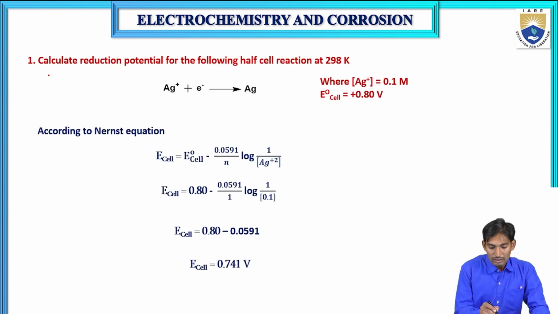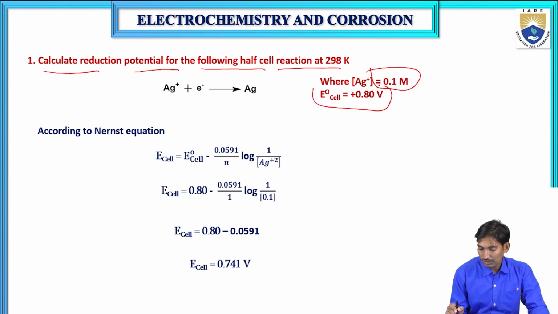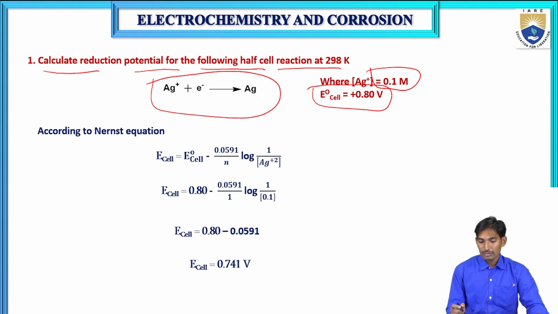First question. Calculate the reduction potential for the following half-cell reaction at 298 Kelvin. Given silver ion concentration 0.1 mole and standard reduction potential plus 0.80 volts. This is the reaction given.